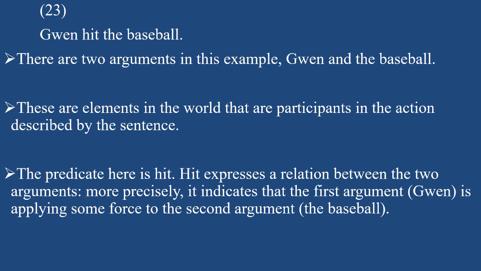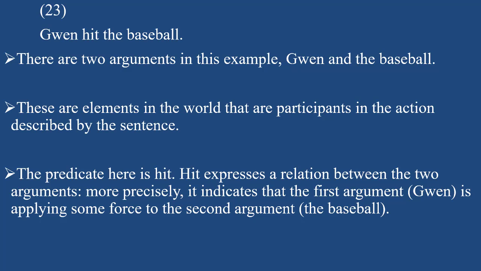For example, Gwen hit the baseball. There are two arguments in this example, Gwen and the baseball. So Gwen and the baseball are the arguments that hit requires. You can say that hit requires two arguments, two NPs in this case, two noun phrases. These are elements in the world that are participants in the action described by the sentence.